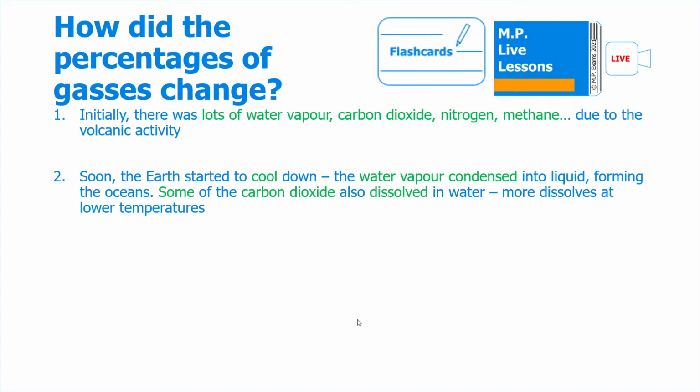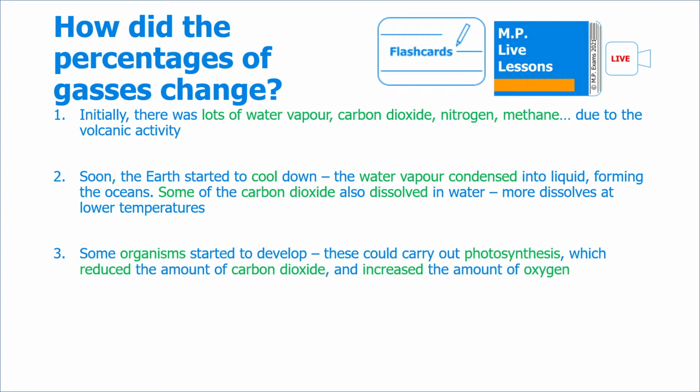As a result, some of the carbon dioxide also dissolved in the water, and more carbon dioxide dissolves at lower temperatures, and that's a useful thing you need to know. Eventually, some organisms started to develop that could carry out photosynthesis, which takes in carbon dioxide, which reduces the amount of carbon dioxide and increases the amount of oxygen, as oxygen is produced from photosynthesis. That's your biology there.